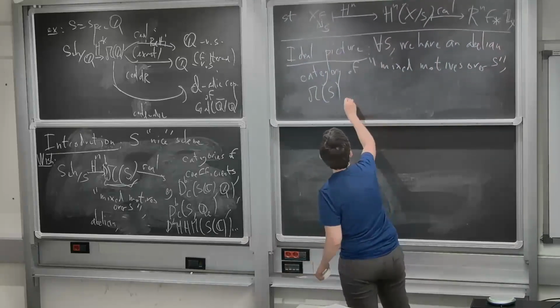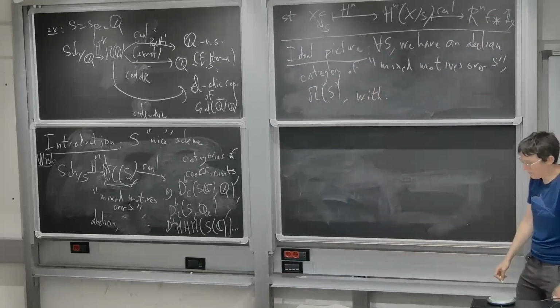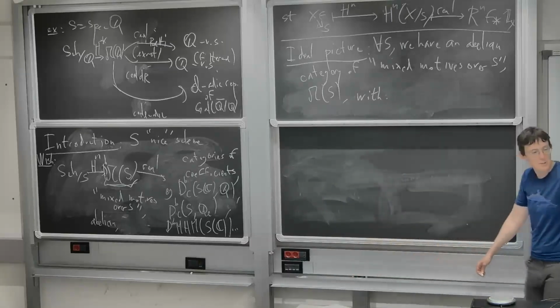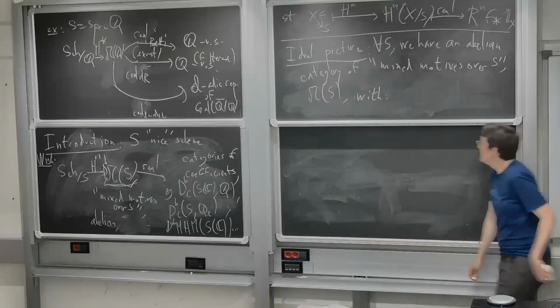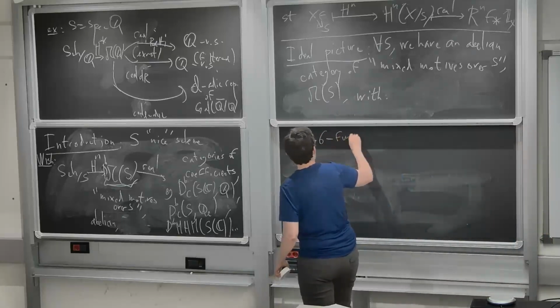And then you have a bunch of extra structures. So the first thing is, I'm told that you guys are familiar with six-functor formalisms. So the first thing we want is a six-functor formalism.